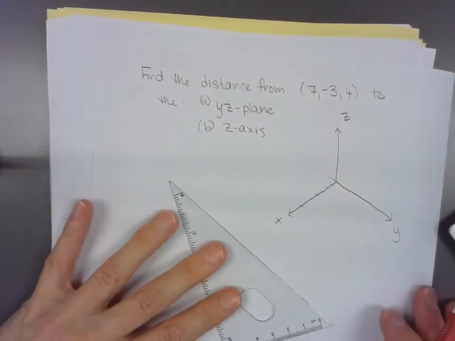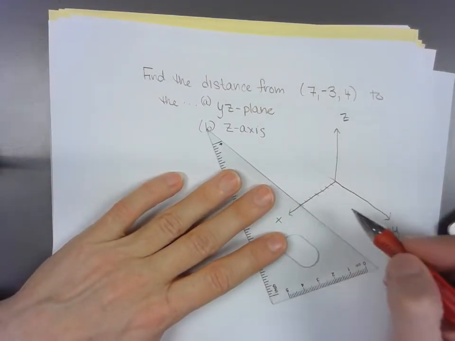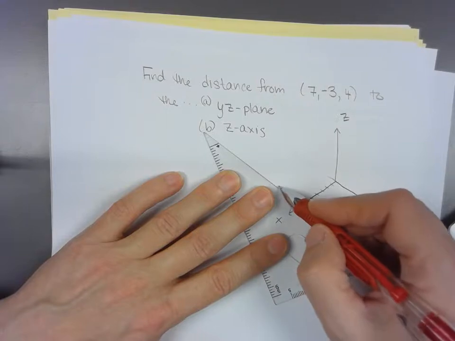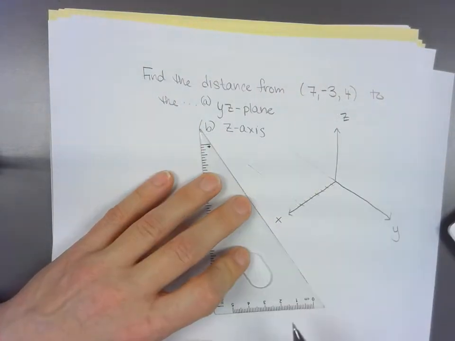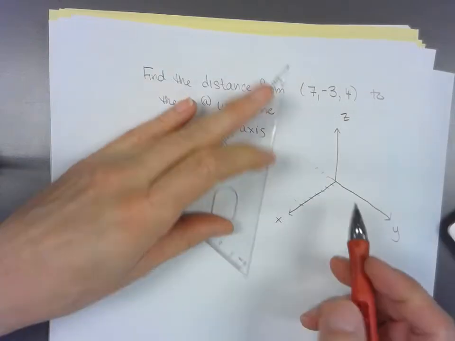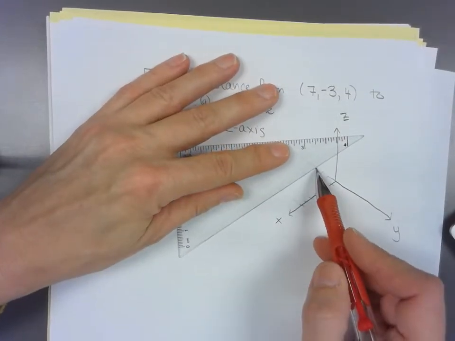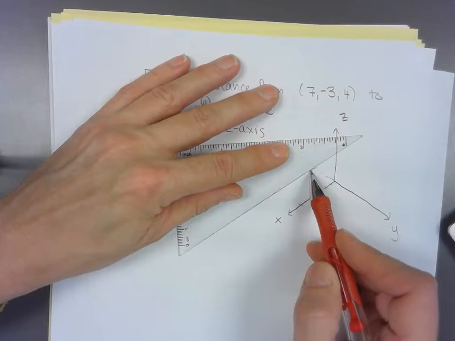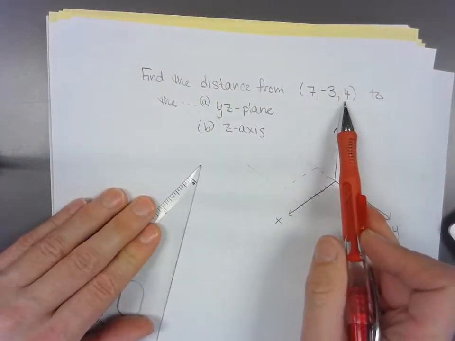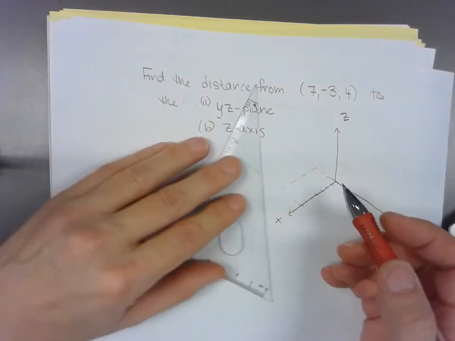Here I'm at 7, so I want to go parallel to the Y, go 1, 2, 3, and then see where those meet. And then up 4 from that spot.